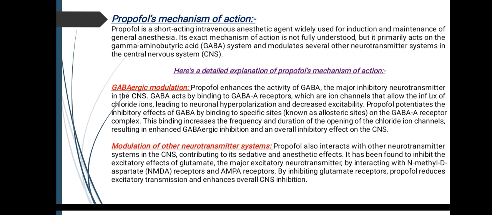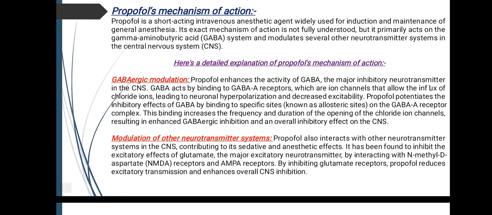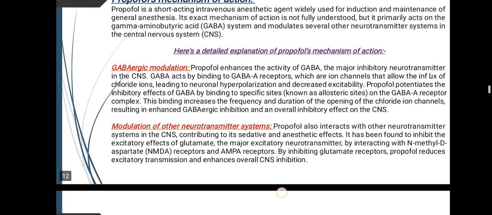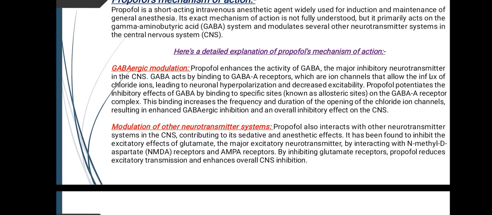It is an ion channel that allows the influx of chloride ions, leading to neuronal hyperpolarization and decreased excitability. Propofol potentiates the inhibitory effect of GABA by binding to a specific site known as the allosteric site on the GABA A receptor complex. This binding increases the frequency and duration of the opening of the chloride ion channel, resulting in enhanced GABAergic inhibition and overall inhibitory effect on the central nervous system.